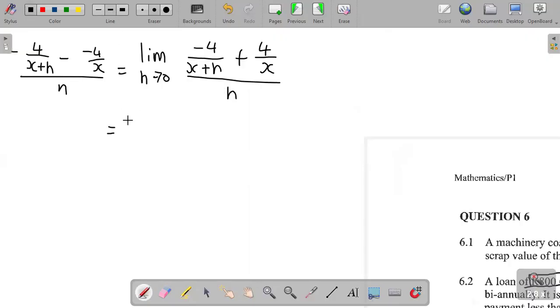equals to, and then, okay, we add the two fractions.